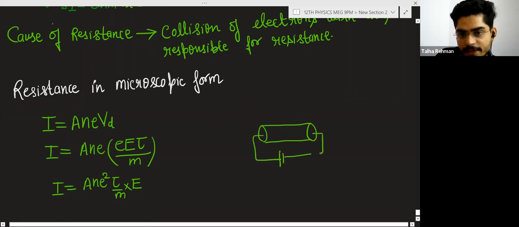In a conductor, please remember this point, the battery is connected. If V is the potential difference across the ends of the conductor, with this being the positive end, and an electric field is generated, and L is the length of the conductor, then the electric field can be written as potential difference divided by length.